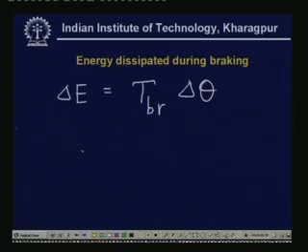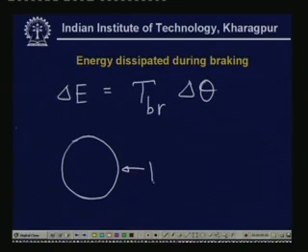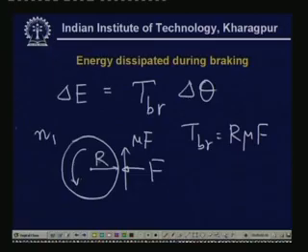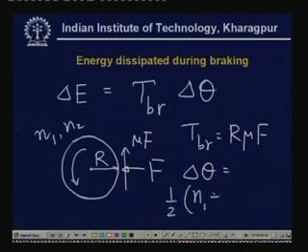And if you see this braking drum, that is, the drum where the braking force is applied, this is the force and this is mu times F. So, the total braking torque is equal to R times mu times F, and this drum was rotating, let us say, with a speed n1 revolutions per second, and after braking it comes to n2. So, delta theta could be proved to be (n1 plus n2) times t.